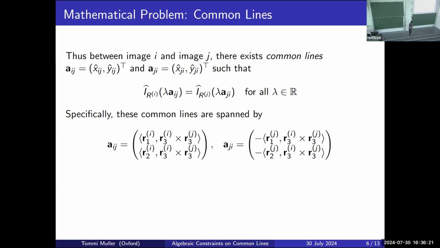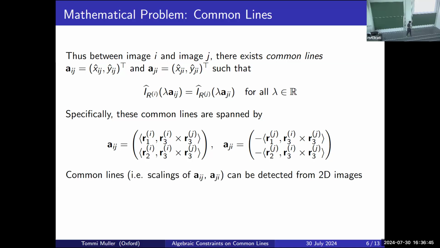Now, one can actually explicitly compute what the Aij's are. In terms of the rotation matrices Ri and Rj and the rows, they will have this form, and you can see there's some kind of mixing between the rows of Ri and the rows of Rj. And what you can detect from common line images, from Cryo-EM images, are scalar multiples of Aij and Aji.